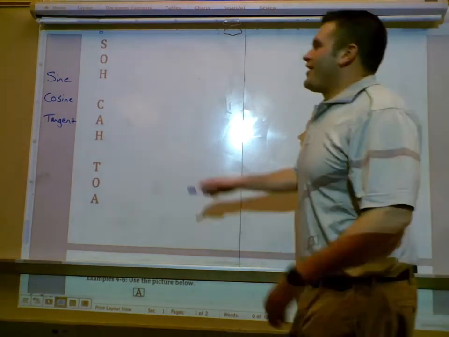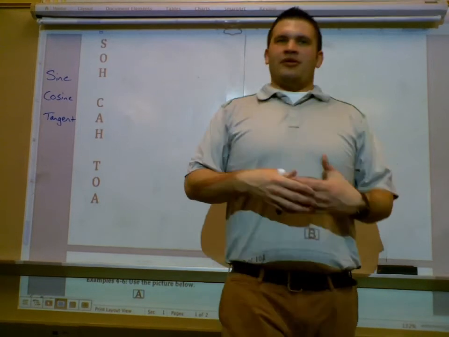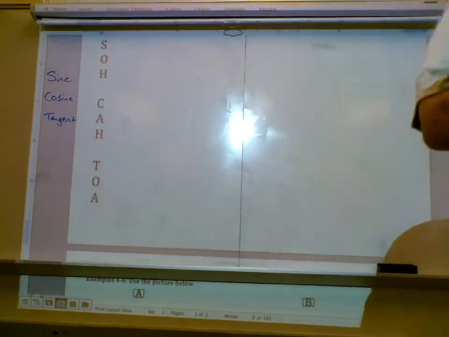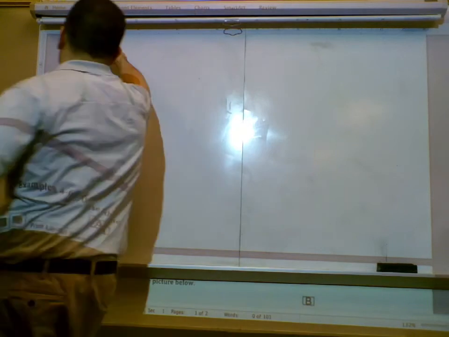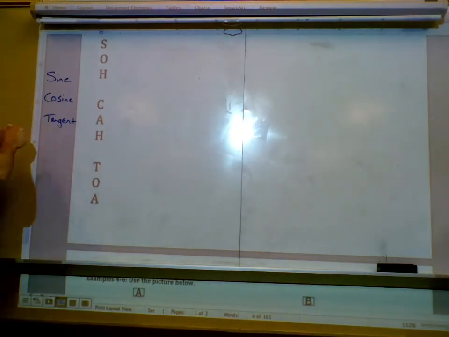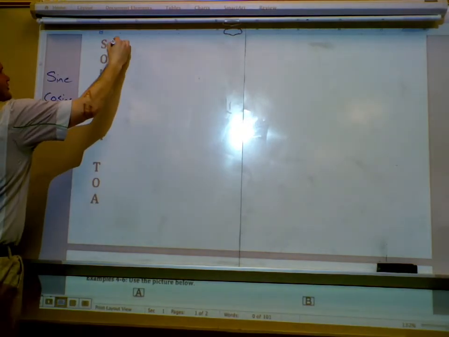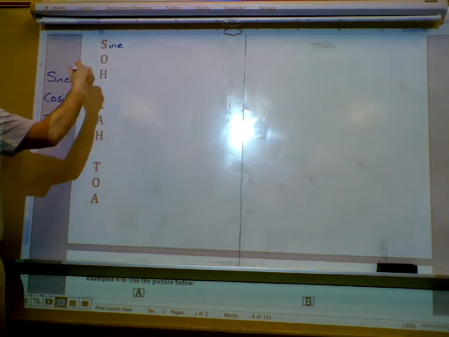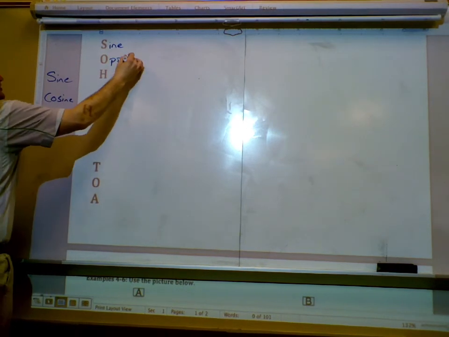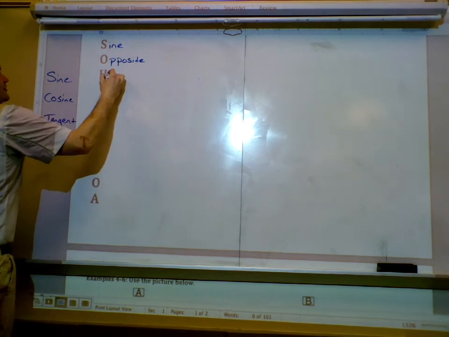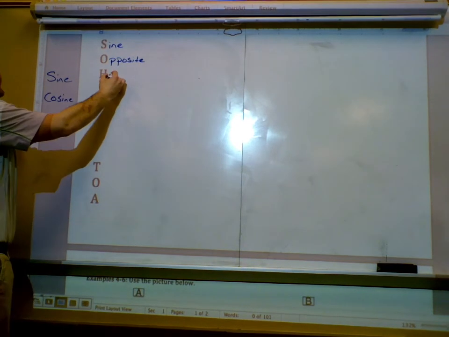Soka-toa. So this is an acronym, a mnemonic device for remembering what sine means, cosine means, and tangent means. It all depends on the first letter of the words. S is sine. What's O? Opposite. What is H? Hypotenuse. Good.